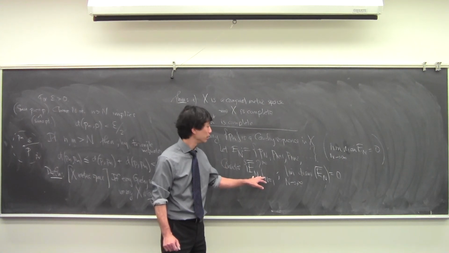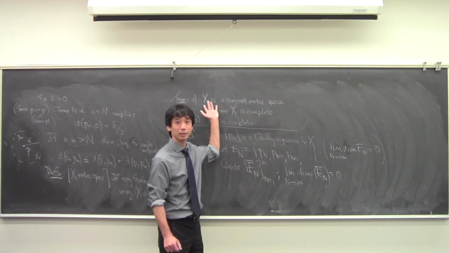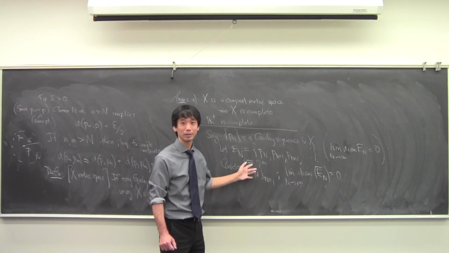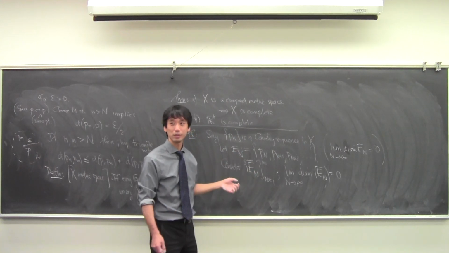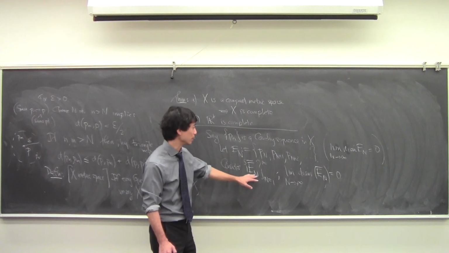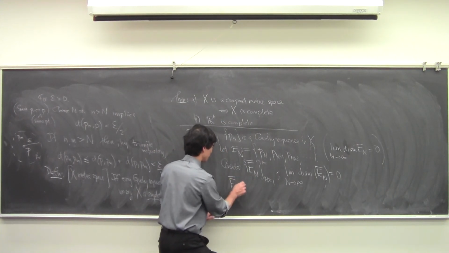Close enough, though. They're closed, and our space is compact, so they're closed subsets of a compact set. Any closed subset of a compact set is compact, so we don't need Heine-Borel. We just need the closure. So the E_n are compact.